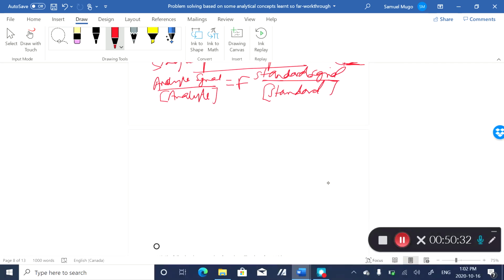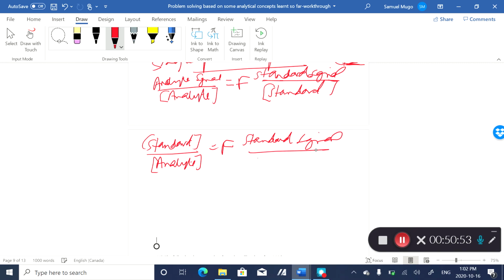Of course, you can move the relationship around to look like this: multiply this side by the standard concentration divided by the analyte concentration, which is equal to the response factor times the standard signal divided by your analyte signal.